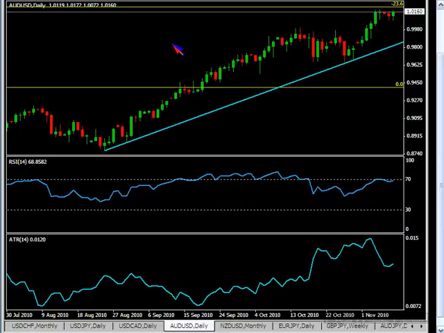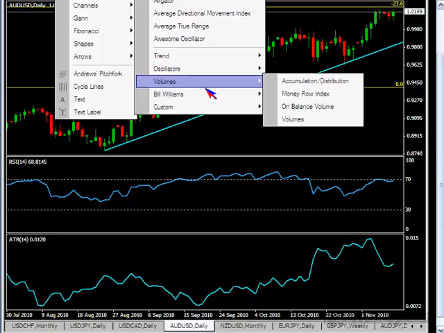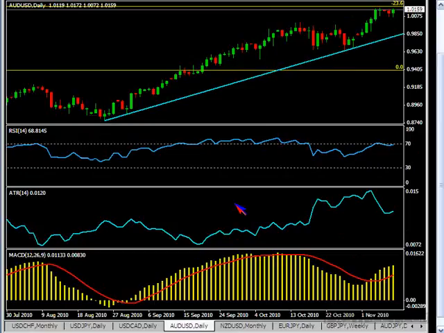Now, 4th step to identify, or this is actually number 5, and you can take whichever one seems to make most sense to you. It's going to be different for everyone. MACD, moving average convergence divergence. This basically compares different moving averages.